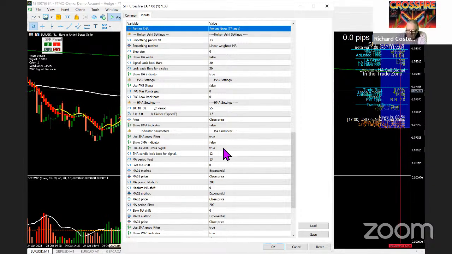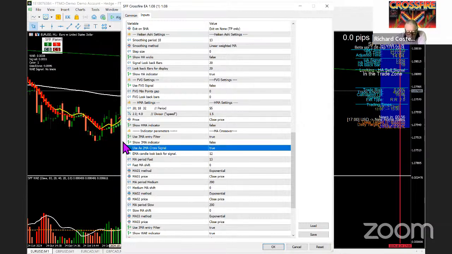And if you're looking for a 2 MA crossover, which I've got the 13 yellow line and the 200 white line, I look for the crossover of those 2, but I still need that 3 MA filter turned to true and the 2 MA cross signal turned to true.